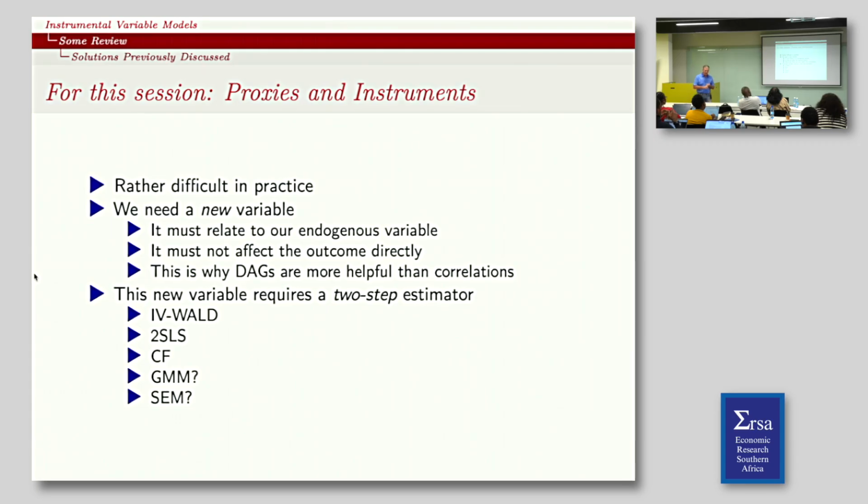It must not affect the outcome directly. And this is why sometimes these little path diagrams are more useful than thinking about correlations. But because we have this new variable, we have a two-step estimator. But to be fair, matching is a two-step estimator, right? You estimate a propensity score, then you estimate the average effect from the match. Okay, so we're in this world where I'm thinking about two steps.